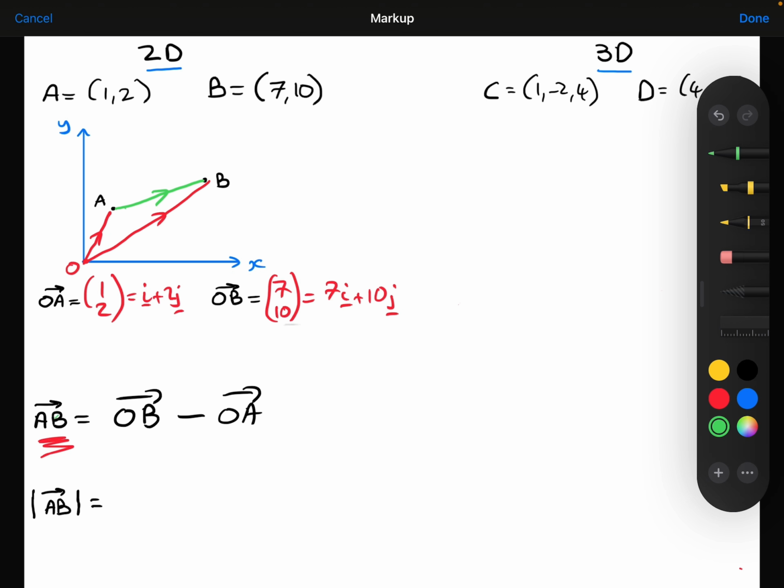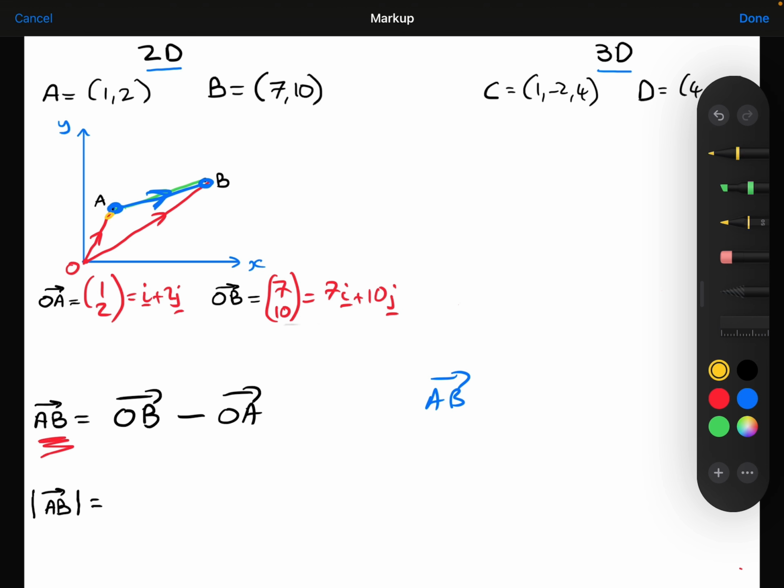The position vector of point B minus the position vector of point A. I'll show you why that rule works. You might be able to spot it for yourself, but I'll just show you quickly why that works. So, A to B, if I want to go from point A here to point B here, now I'm going to go a slightly different route.